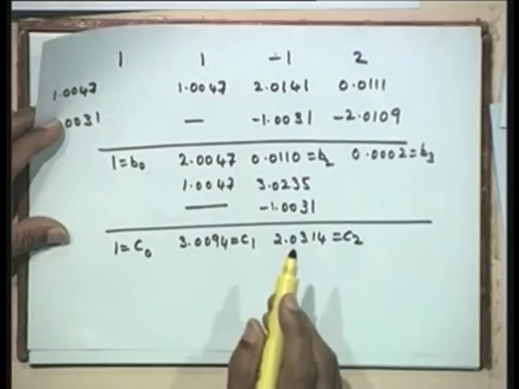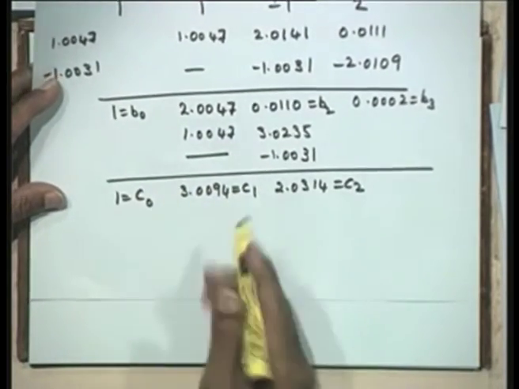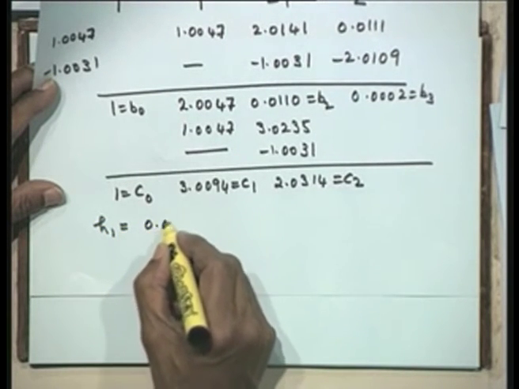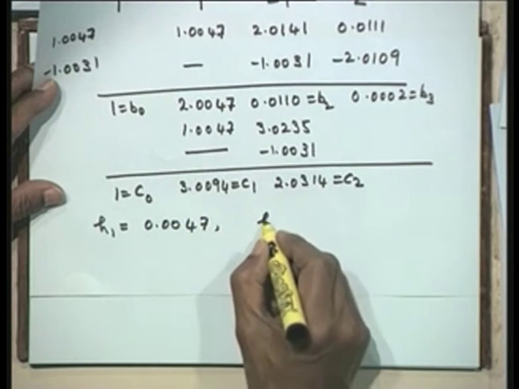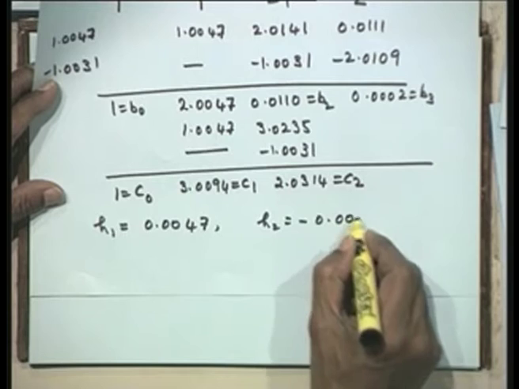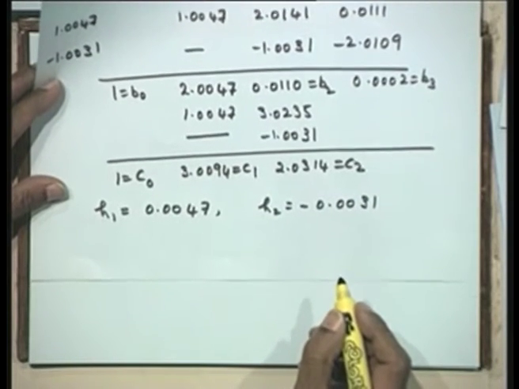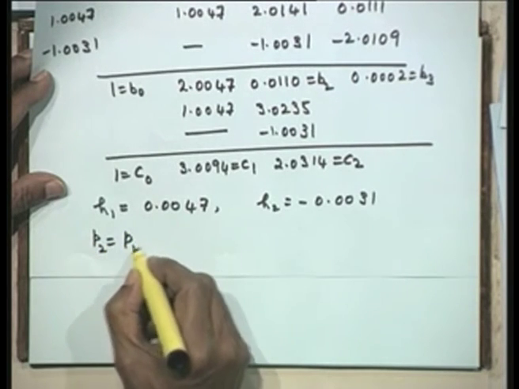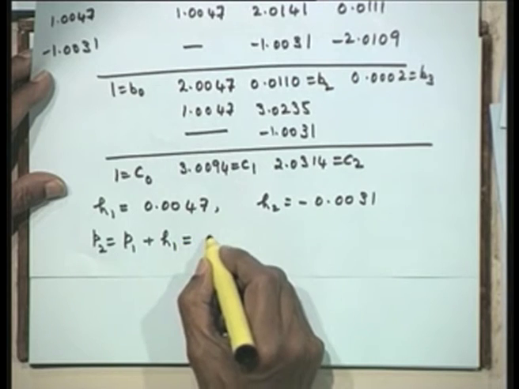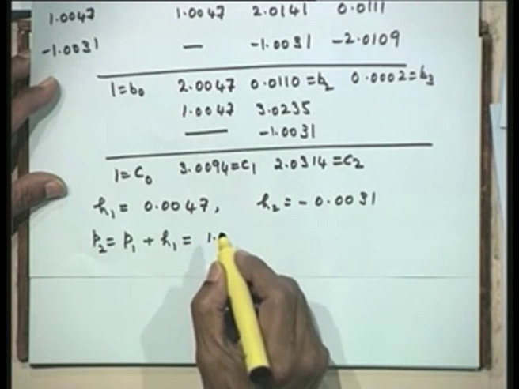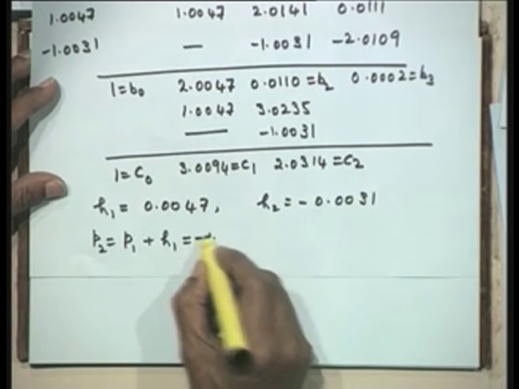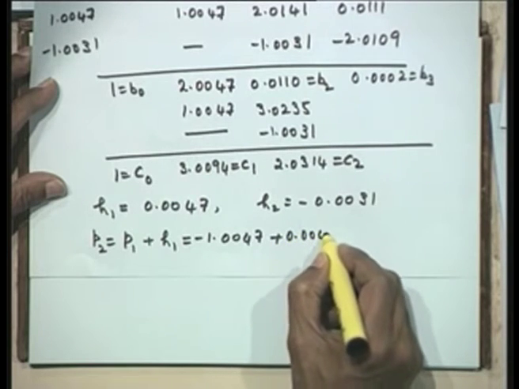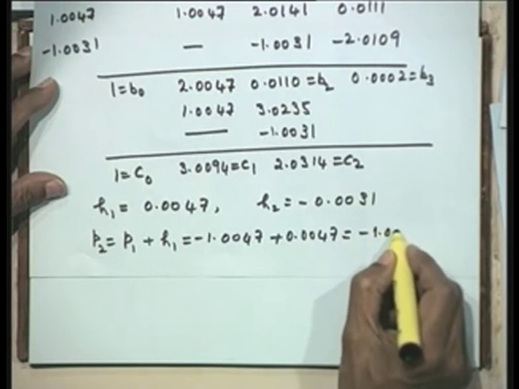I will substitute in the previous values of H1, H2, and I will drop the computation. You can just verify that. I would get the value of H1 as 0.0047. I get the value of H2 as minus 0.0031. So that the next approximation would be P2 is P1 plus H1, that is minus 1.0047 plus 0.0047 is equal to minus 1.00.